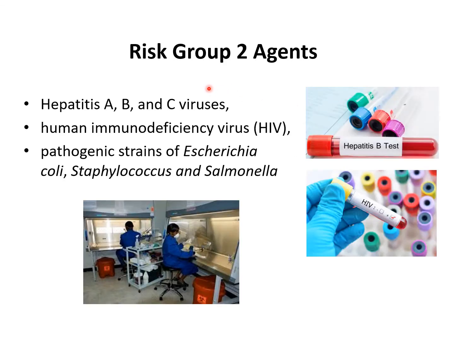The pathogens that fall under BSL-2 are the hepatitis A, B, and C viruses, and HIV also, and some strains of E. coli, Staphylococcus, and Salmonella. So those are pathogenic, so they can cause disease. So these microorganisms fall under BSL-2 as risk associated pathogens.